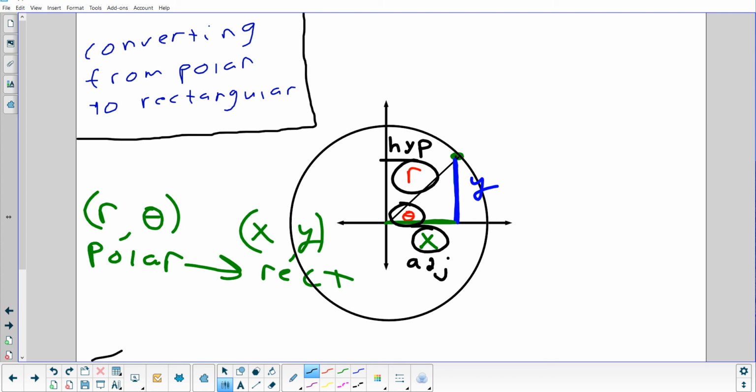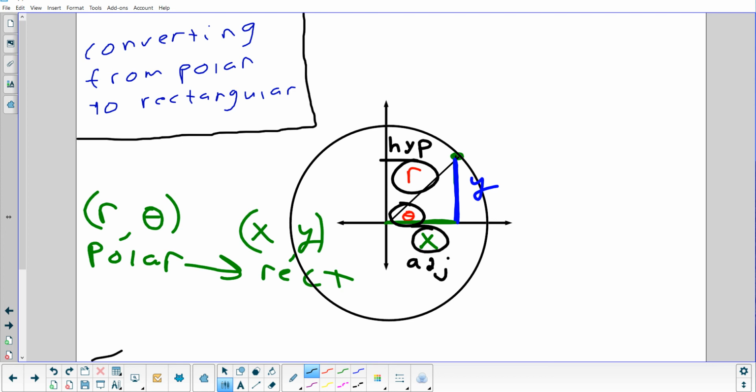Okay. We're actually not going to use tangent today. We're going to use that one tomorrow. Anyone else remember what trig function has hypotenuse and adjacent? Cosine.